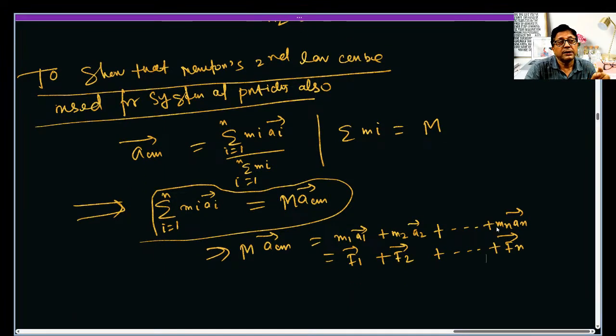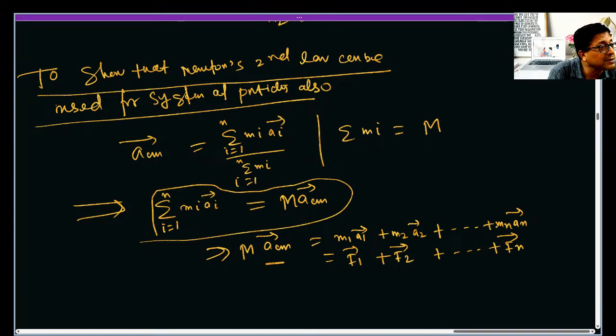Can I state that instead of considering masses of particles separately, if we assume that the center of mass is situated at some place moving with acceleration ACM under the action of these forces, this M into ACM is what? Mass into acceleration.